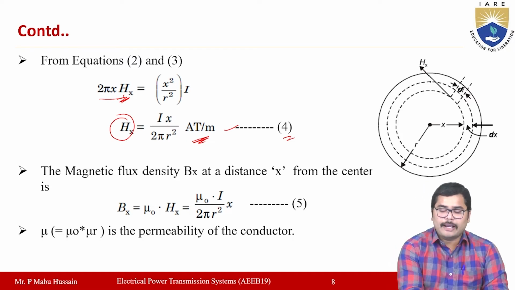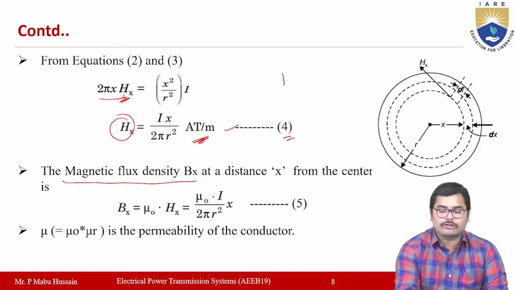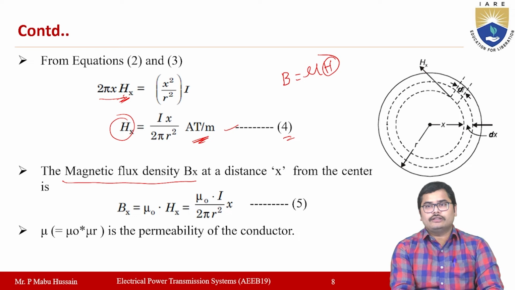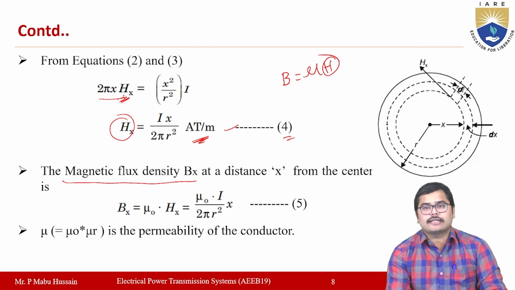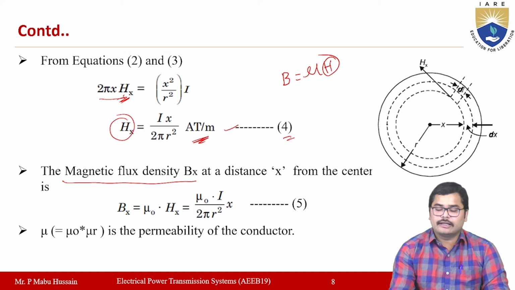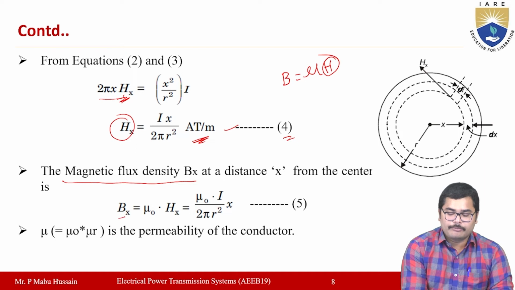Once you know the magnetic flux intensity, you can determine the magnetic flux density. Magnetic flux density B is equal to mu h. Once you know the intensity, we use this expression to calculate the magnetic flux density up to a distance x from the center of the conductor. So the magnetic flux density at a distance x meters from the center of the conductor can be written as Bx is equal to mu into hx.